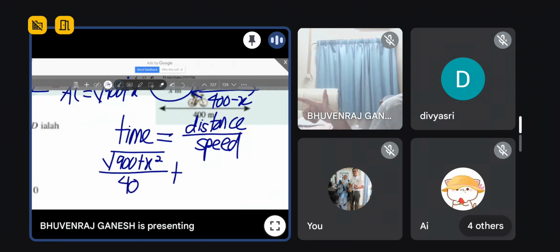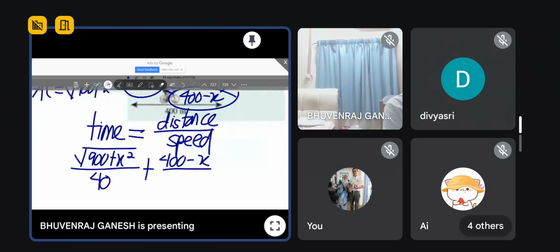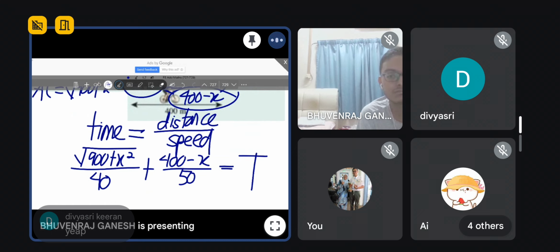Plus cycling, where our distance here is 400 minus x, and the speed, the question gives already, is 50. So we substitute. Equal to what, guys? This will be equal to our total time. You can give it the symbol T, the total time taken. Can you understand how I get to this equation?